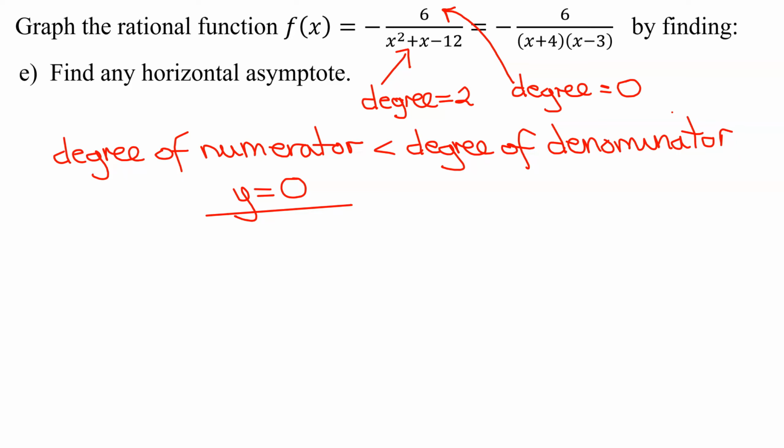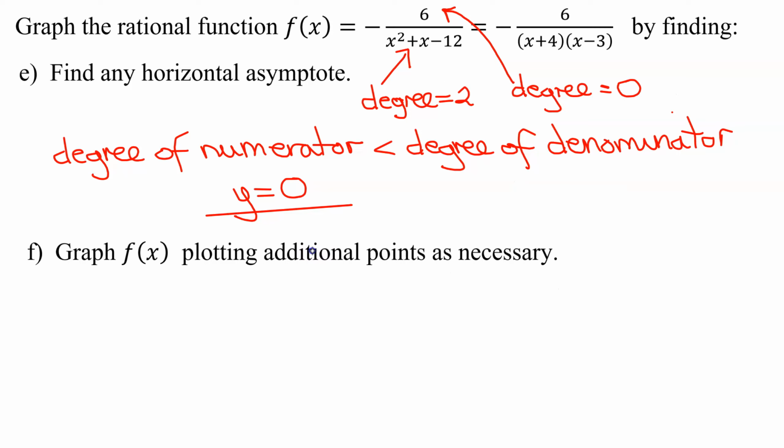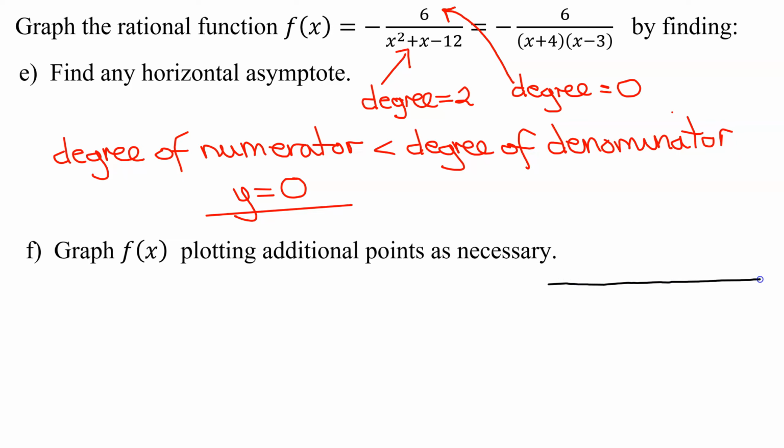So now the only thing left to do is we need to graph our function, and we might need to plot some additional points. To see if I need any additional points, I'm just going to sketch my two vertical asymptotes where x equals negative 4, and the other vertical asymptote was x equals positive 3.